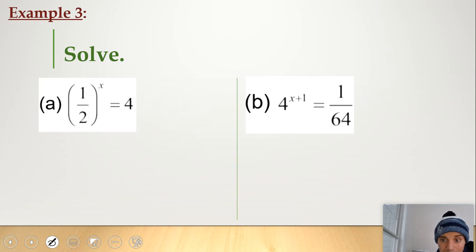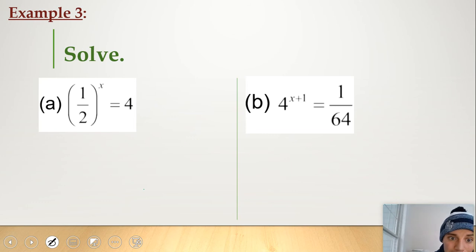Here's 2 more to do, and now we're going up even another step. Okay, we have 1/2 raised to the x is equal to 4, and we want to determine how to rewrite that as a common base. So if I take a look at this one, we know back to our negative exponent rules. When I have something in the denominator, it's really raised to a negative exponent.